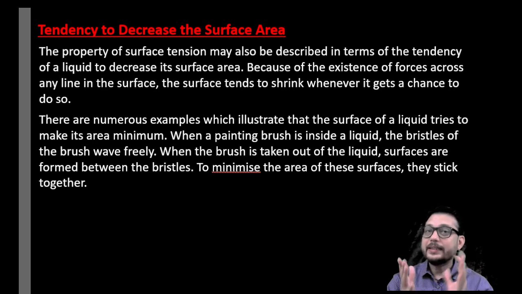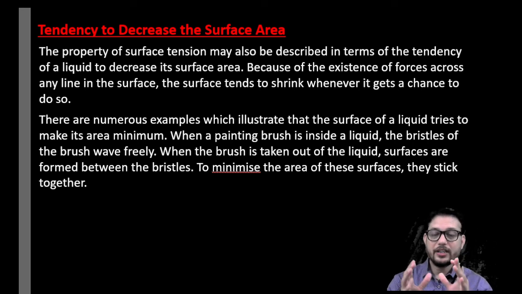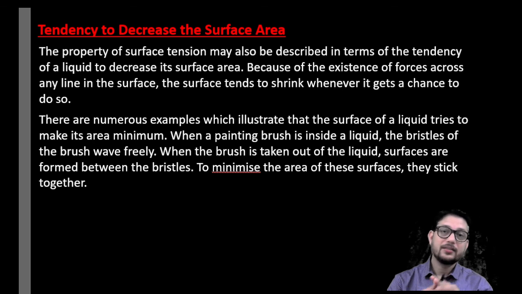Now, finally, we can conclude that due to surface tension, the surface of any fluid has a tendency to decrease its surface area, because when we placed the thread, the thread occupied the shape of a ring, since the surface started shrinking.